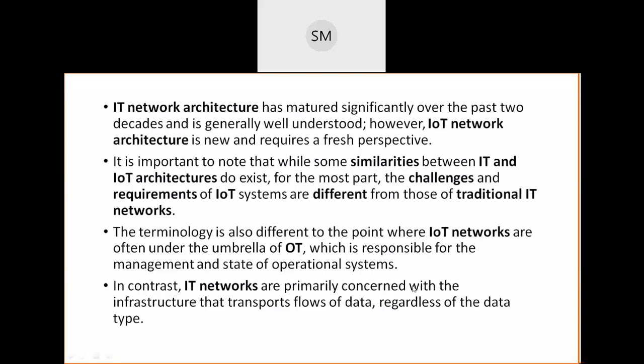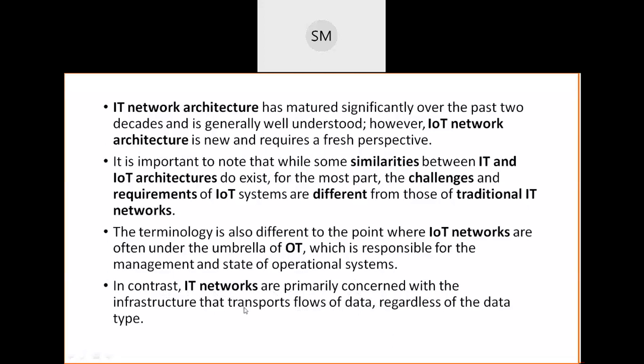In contrast to OT, IT networks are primarily concerned with the infrastructure that transports the flow of data. Mainly, IT network focuses on the security of data transferring from one location to another, from one node to another node. So it provides secure data transmission.